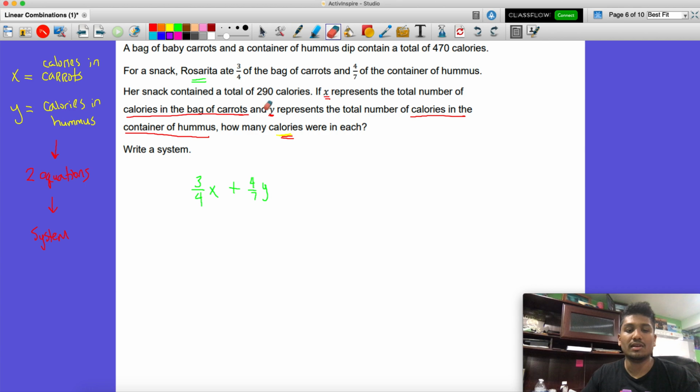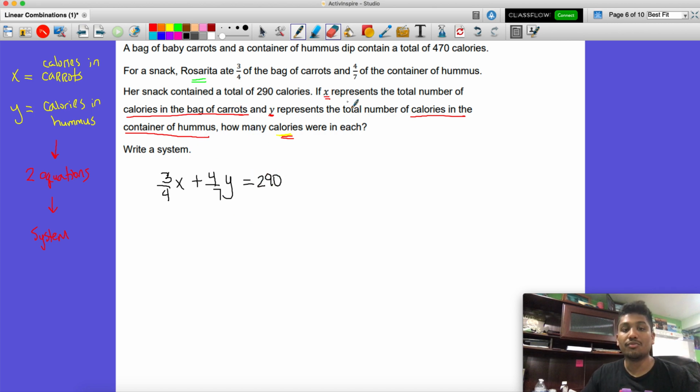I don't like writing this in green, it's hurting my eyes, so I'm going to choose something else. Let's try that again: 3/4 x plus 4/7 y, the hummus, for a total of 290 calories.